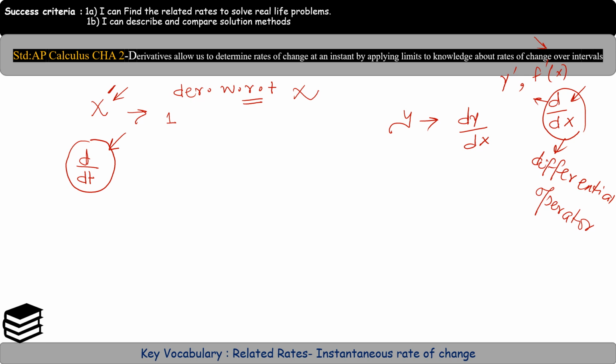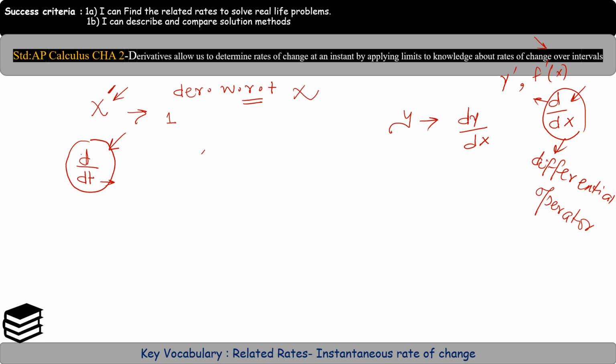None of the alphabets will be considered constant unless they specify that a particular alphabet, x, y, z, is constant. Otherwise, everything is a function of time and is changing with respect to time, because d by dt means the derivative, and derivative means the rate of change. So everything is changing with respect to t, or time.